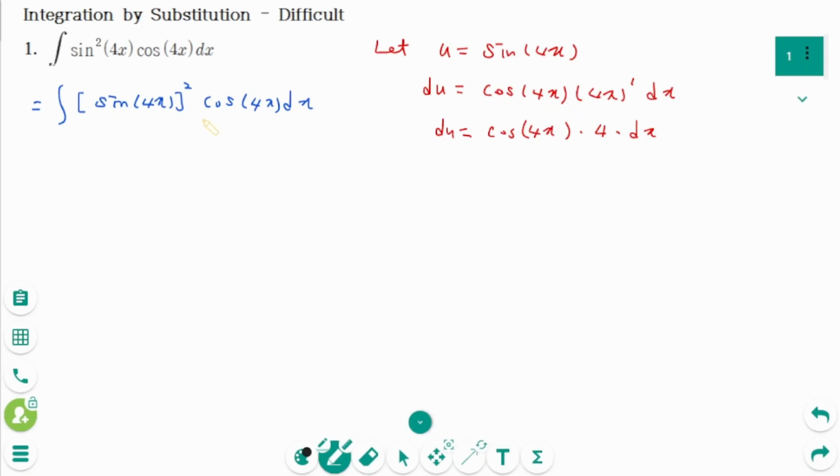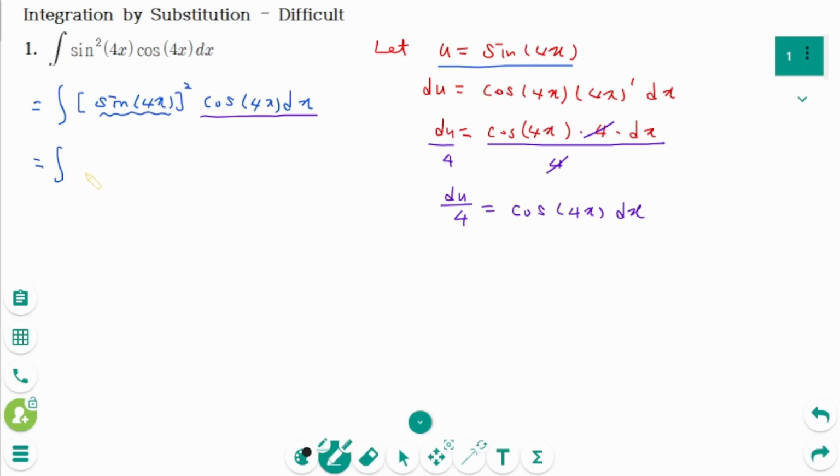There is only cosine 4x dx, then divide by 4 on each side. du over 4 equals cosine 4x dx. Now all x change into u. The integral of sine 4x is u squared, then cosine 4x dx is du over 4.